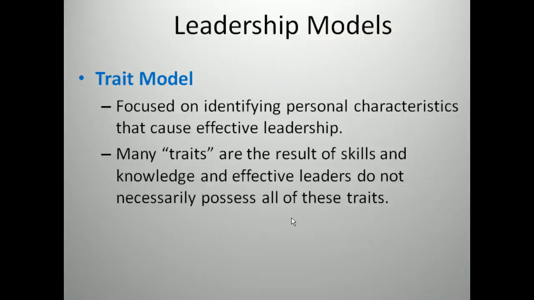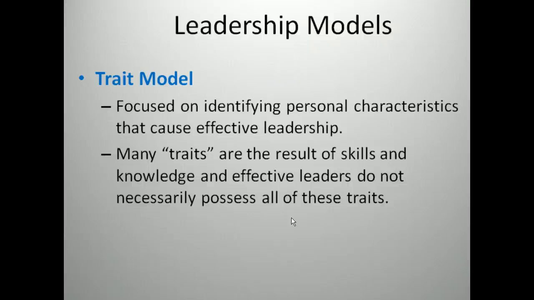Although this model is called the trait model, some of the personal characteristics it identifies are not personality traits per se, but rather are concerned with a leader's skills, abilities, and knowledge and expertise. Leaders who do not possess these traits may be considered ineffective, or may be ineffective.